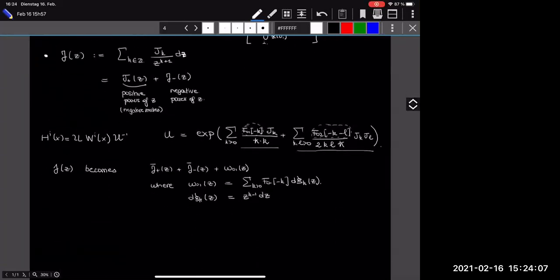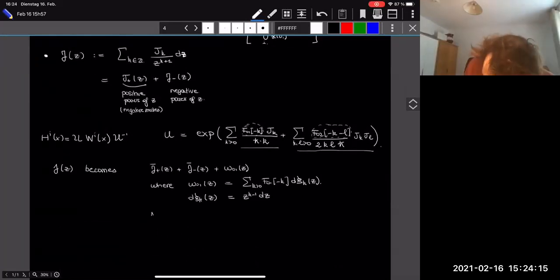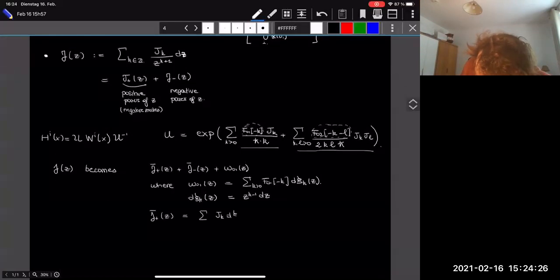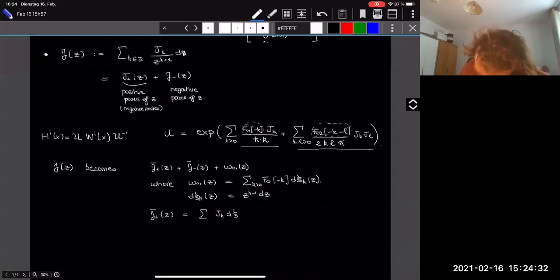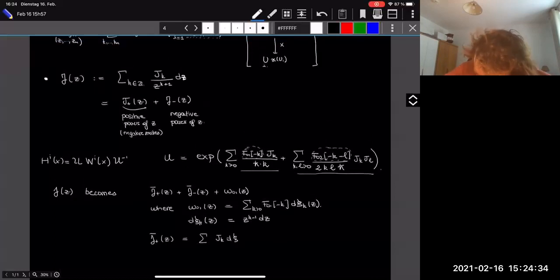All right. So the J plus of z, I can rewrite. Here I do nothing. Instead of having z^(k-1), for k negative, corresponding to positive powers of z, I just write it as d psi_k of z.